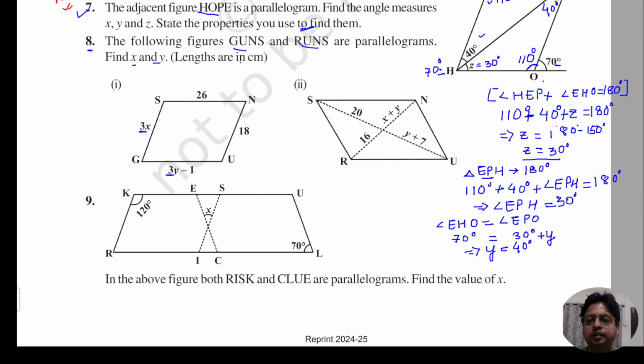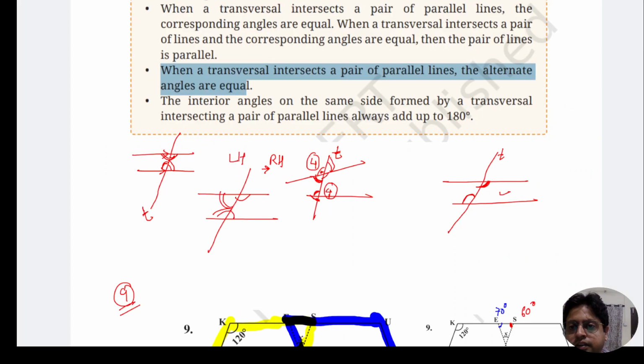So we will use some properties of parallelogram. First, coming to this one, GUNS. So we know that opposite sides of a parallelogram are equal in length.